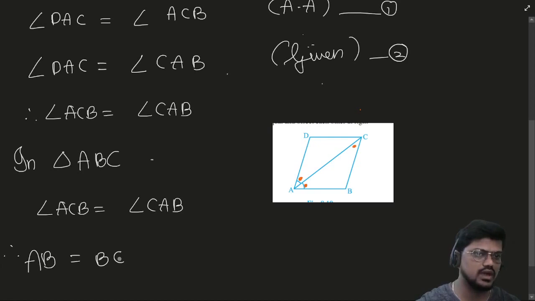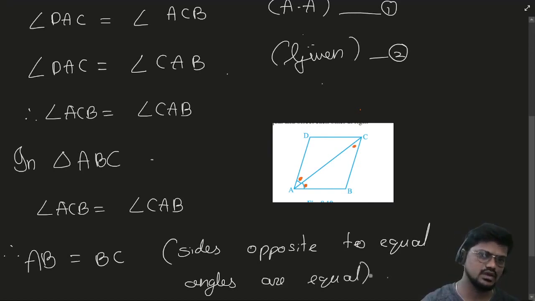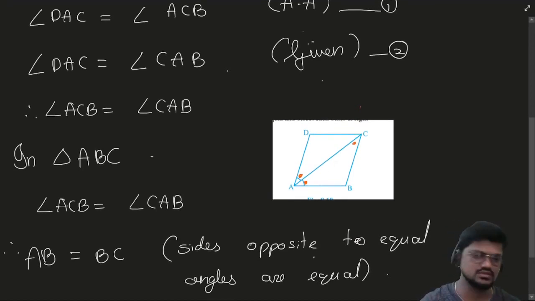Sides opposite to equal angles are equal. The reason is that triangle ABC is an isosceles triangle. Now if they are equal, this is equal to this is equal to this.